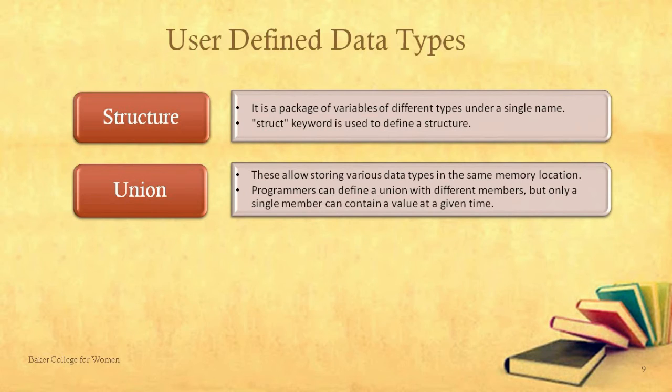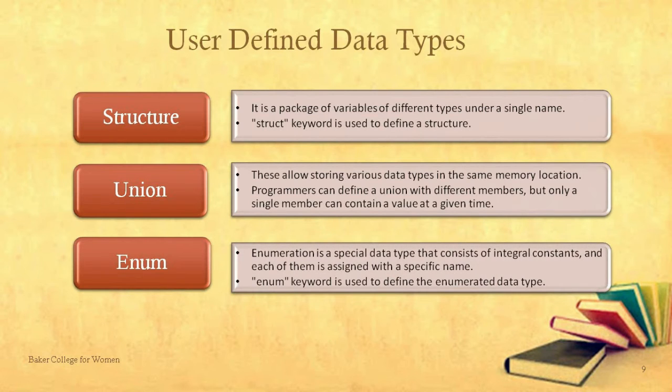Programmers can define a union with different members, but only a single member can contain a value at a given time. Enum. Enumeration is a special data type that consists of integral constants, and each of them is assigned a specific name. The enum keyword is used to define the enumerated data type.